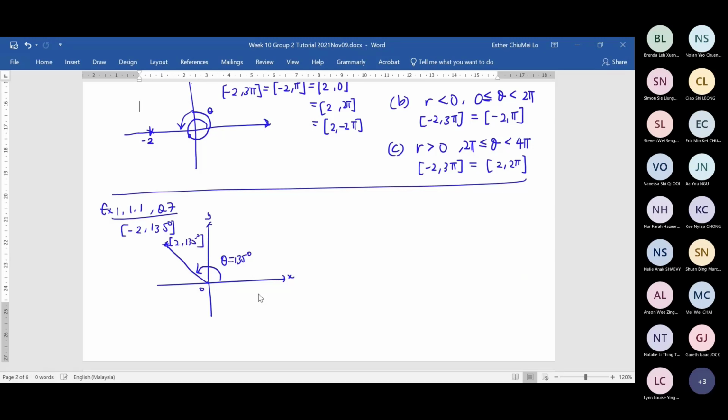So where is your -2 and 1, 3, 5? That will be this part here, because if we want the angle, we have to make it positive first. So this point here is your -2, 1, 3, 5.